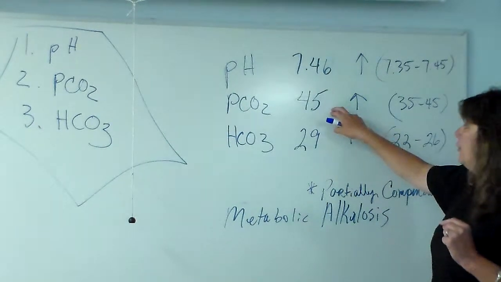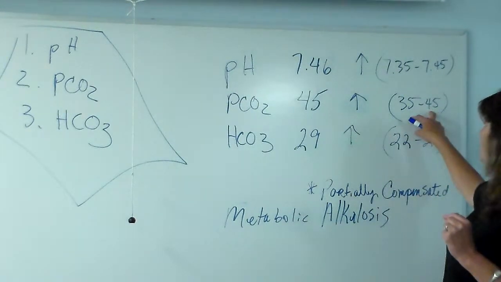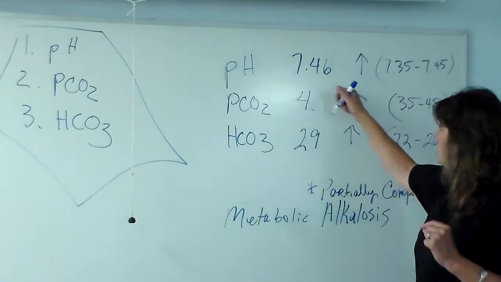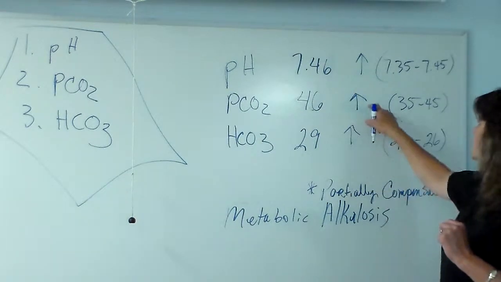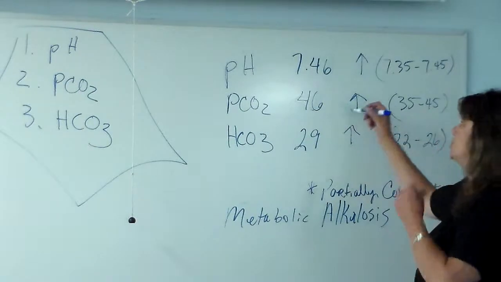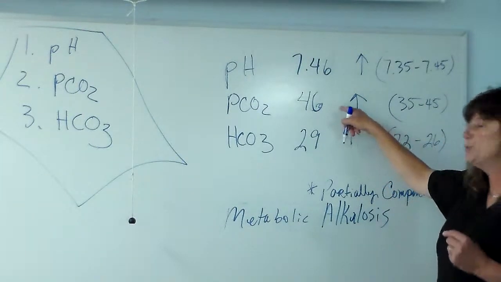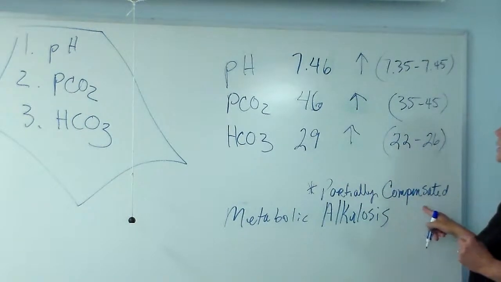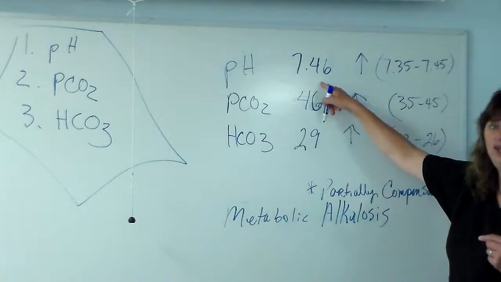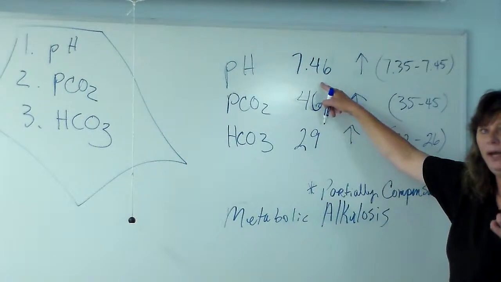If the other is not within norms, okay, let's say that this is 46, it's up. And it wasn't at 45, it was still normal, I'm sorry. At 46, it's up. It's beginning to compensate. We should begin to start seeing the pH change and come back to normal, okay?